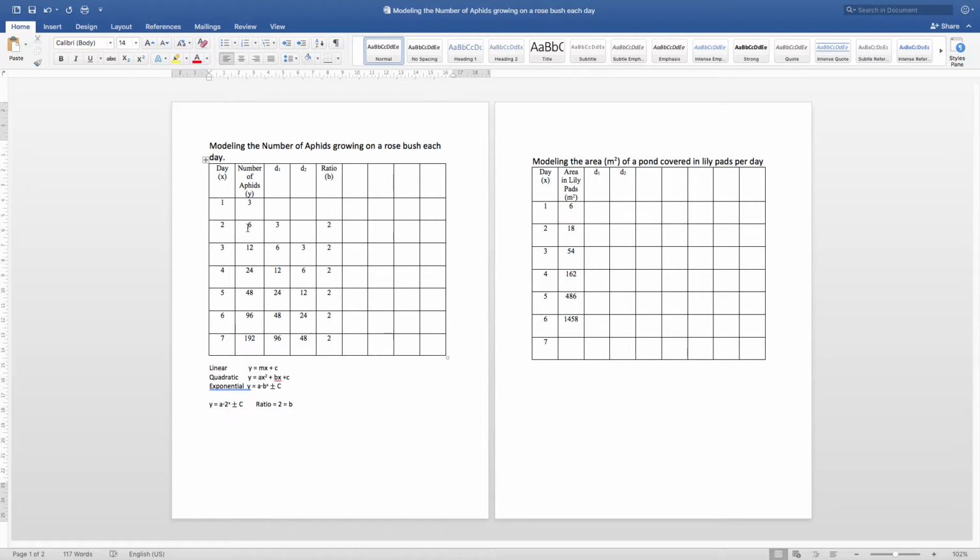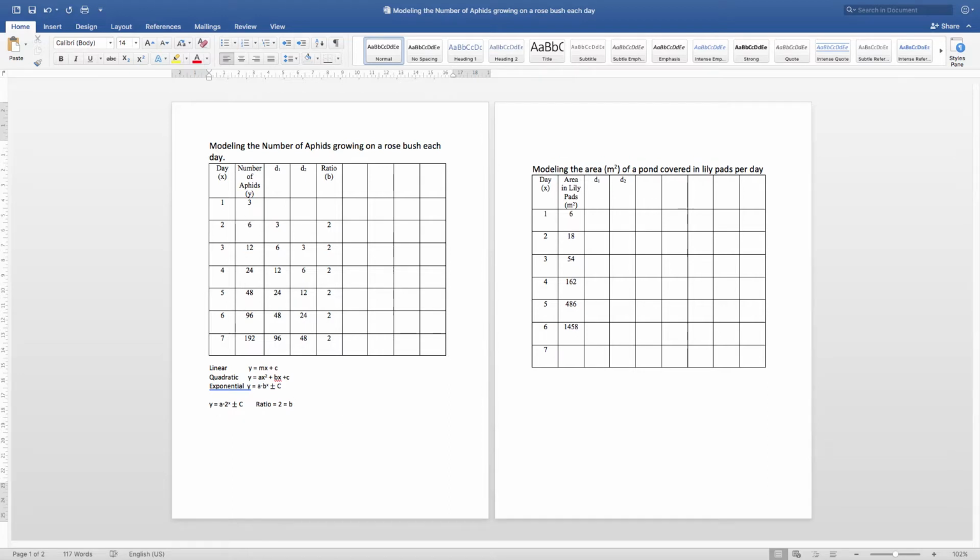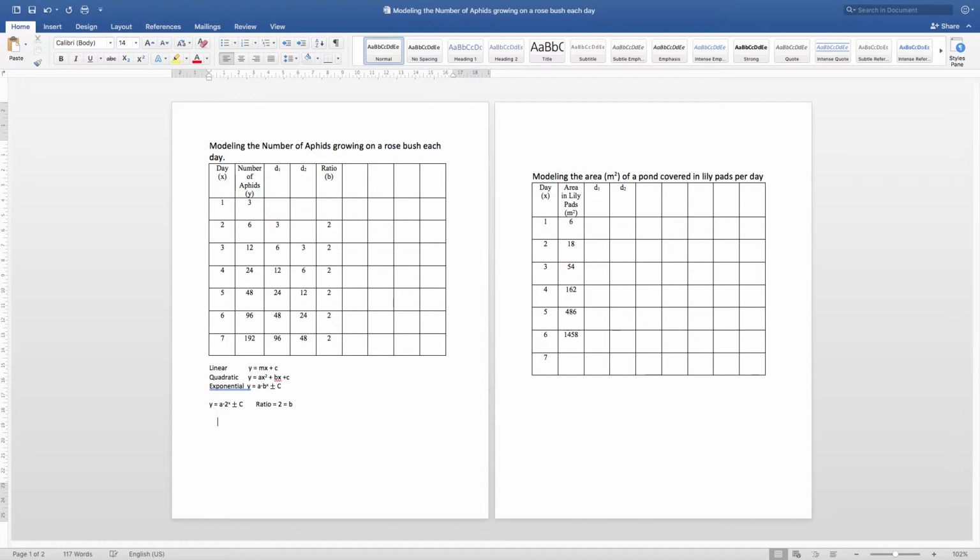Well, everything's going up in 2s, so if we just simply take the value here at x equals 1 and divide that by the common ratio, or b, so 3 divided by 2, that would be what the y-intercept would be.